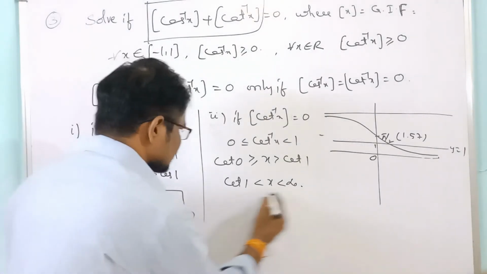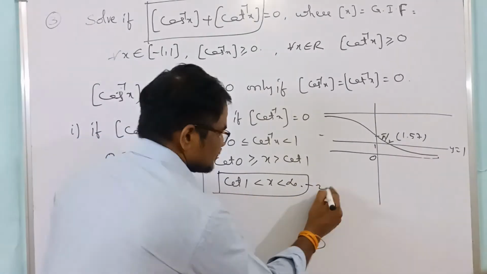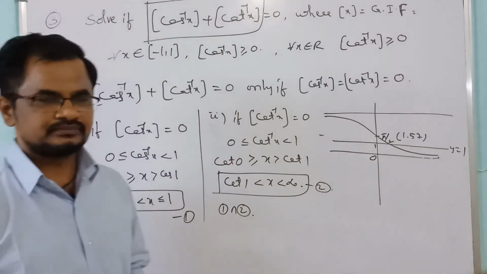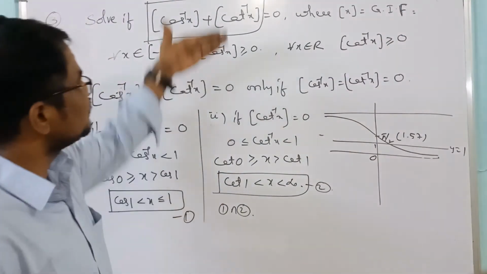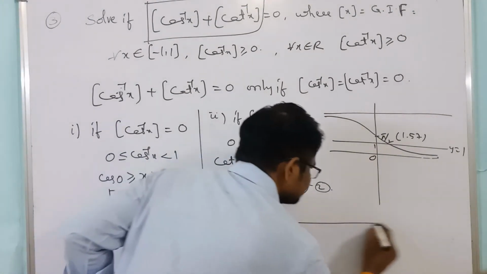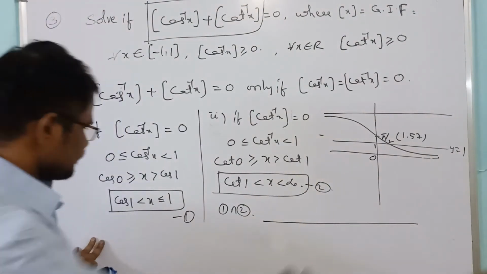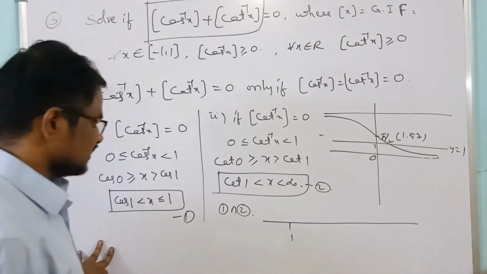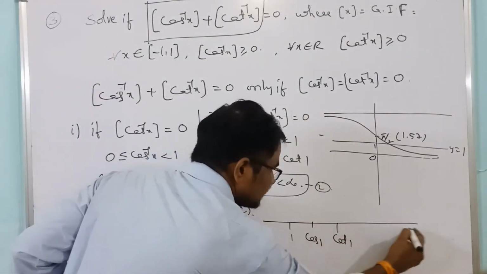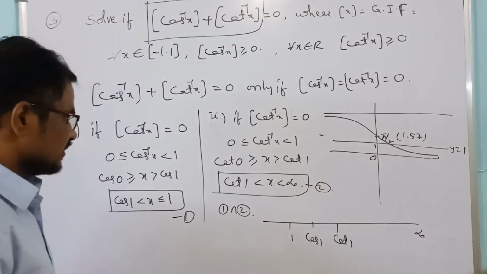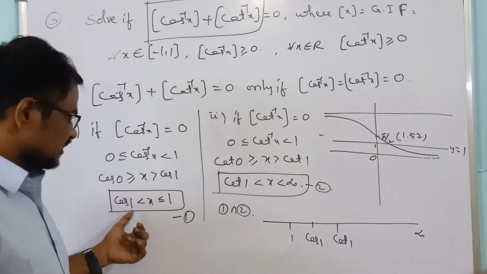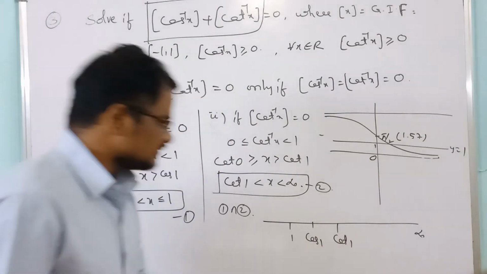So take this as equation number 1 and this as equation number 2. Now we have to find 1 intersection 2, so that is the domain of our required function. How to take it? Listen, here I will take anywhere 1. After that, here you will get cos 1, here cot 1, and here infinity is there. Because 1 radian is approximately 60 degrees, you will get cos 1 less than cot 1.